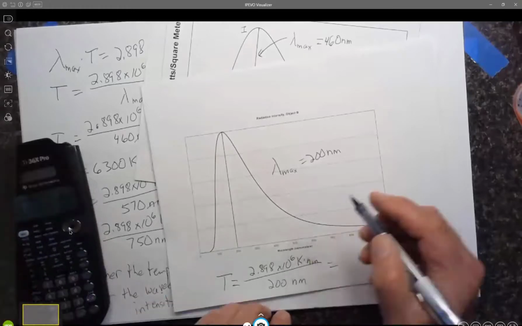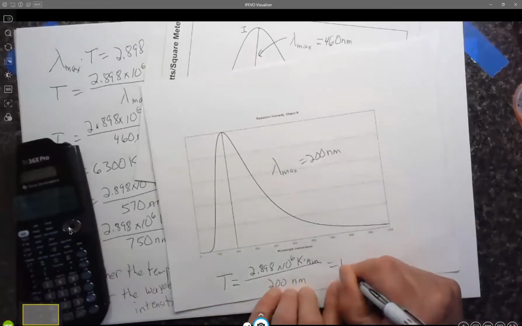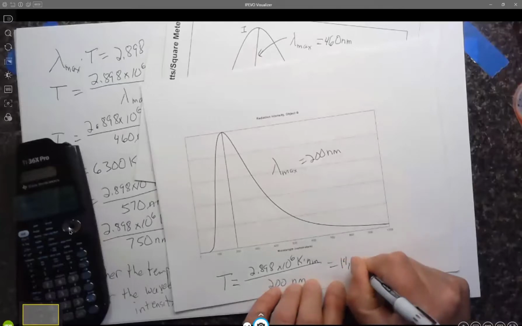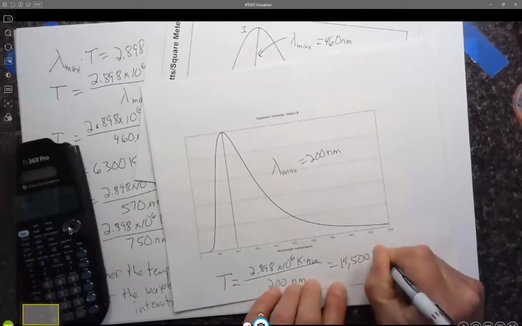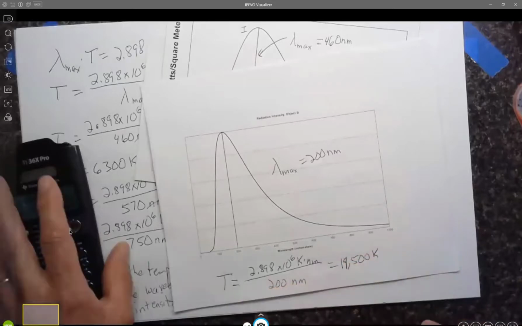And the temperature of this one, I get 14,500 Kelvin for the temperature of it. So that is pretty hot.